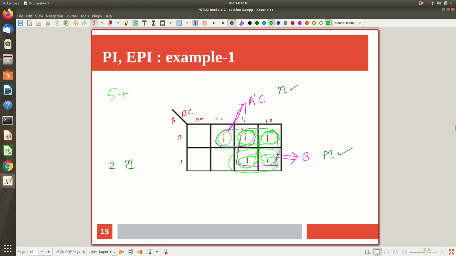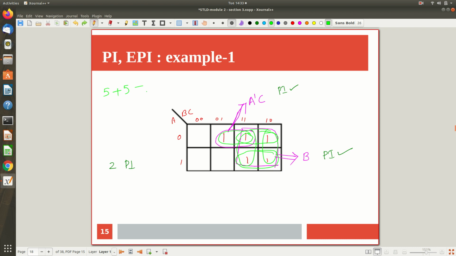So again 5 two-element implicants. Now what about the 4 element implicant?